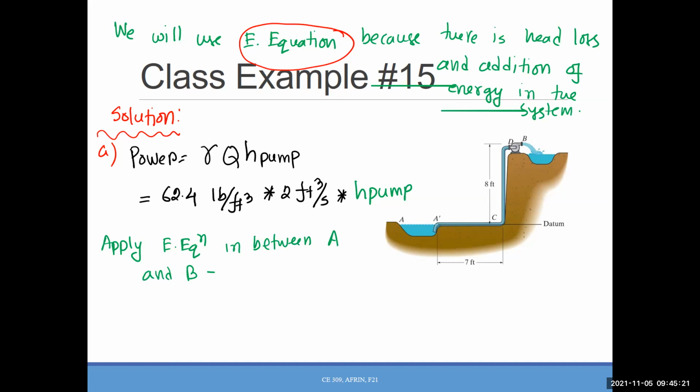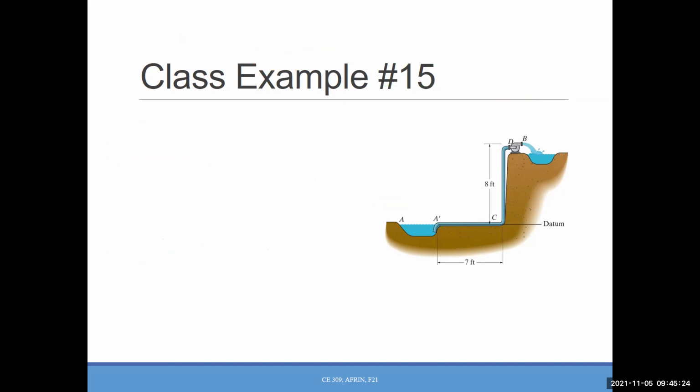I think I should write down the equation in the next slide because I will need space.